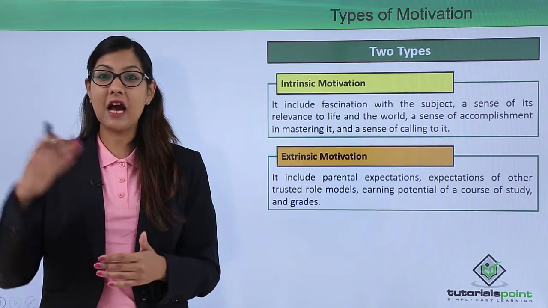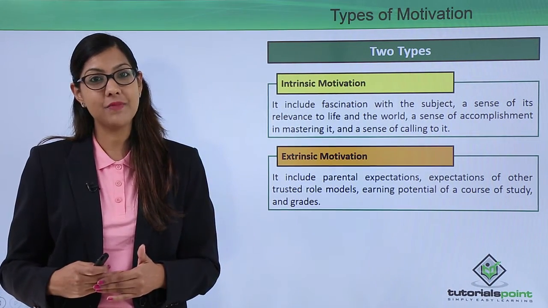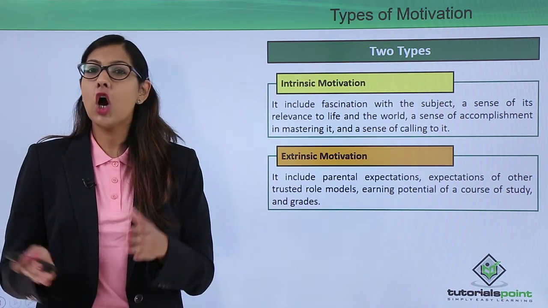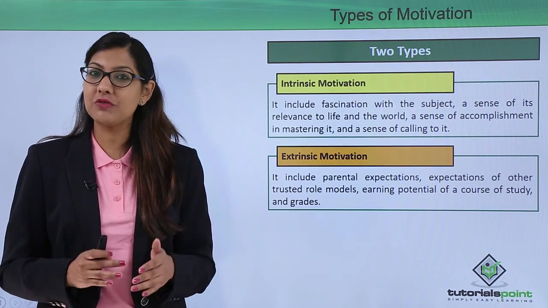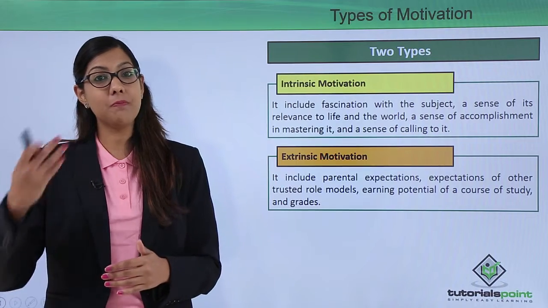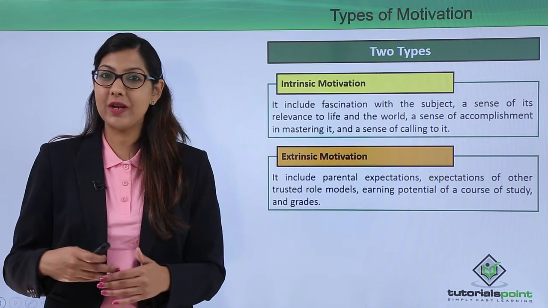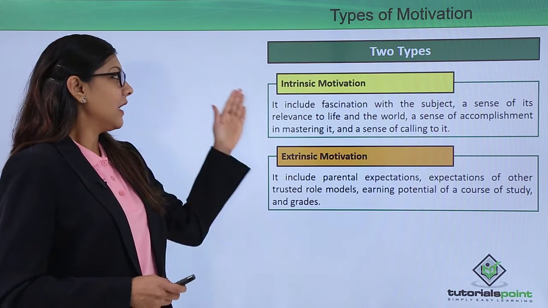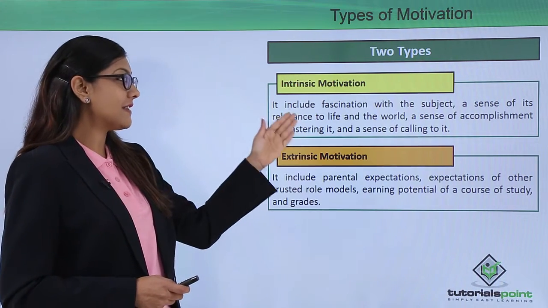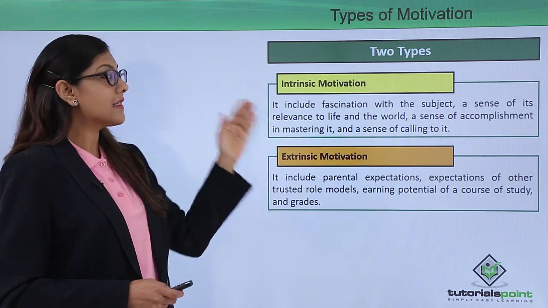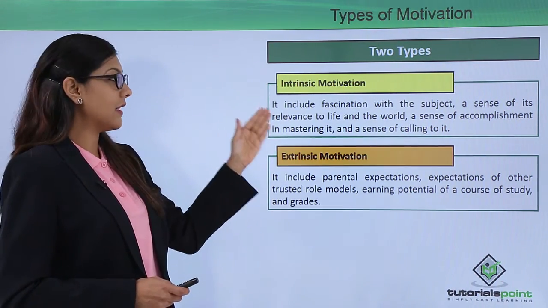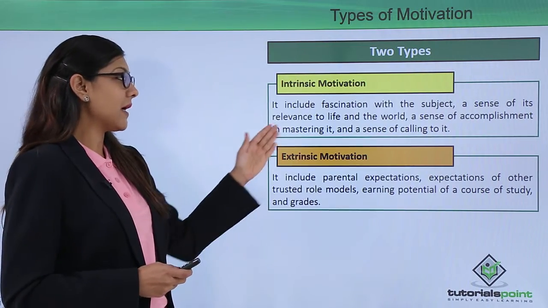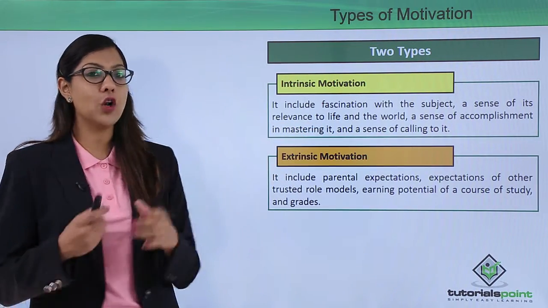They do not need an outside force to motivate them, be it a teacher, a parent, a counselor, etc. On the other hand, extrinsic motivation is when they are dependent on people outside to motivate them and to help them get motivated. So, intrinsic motivation includes fascination with the subject, a sense of its relevance to life and the world, a sense of accomplishment in mastering it, and a sense of calling to it.